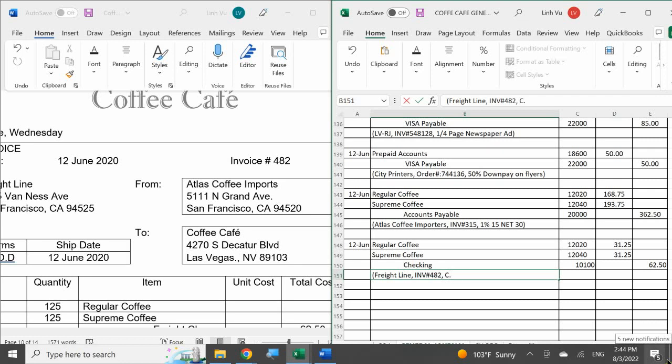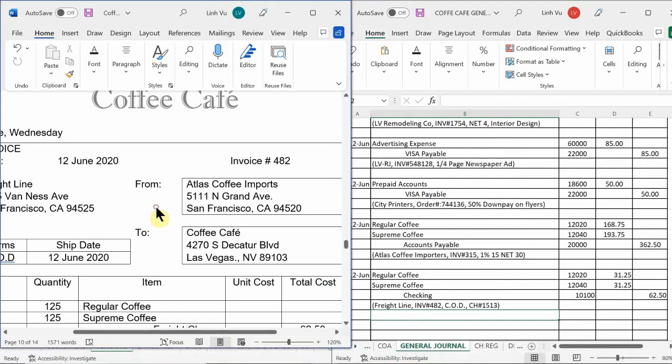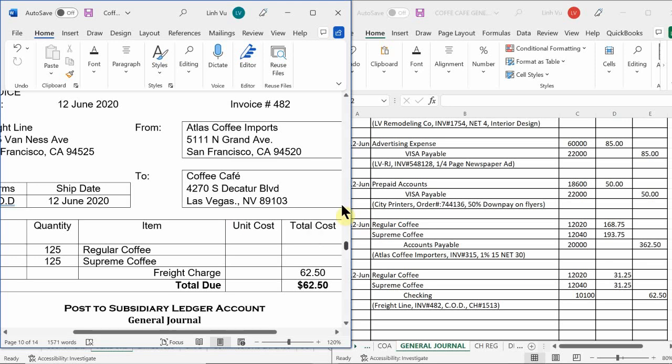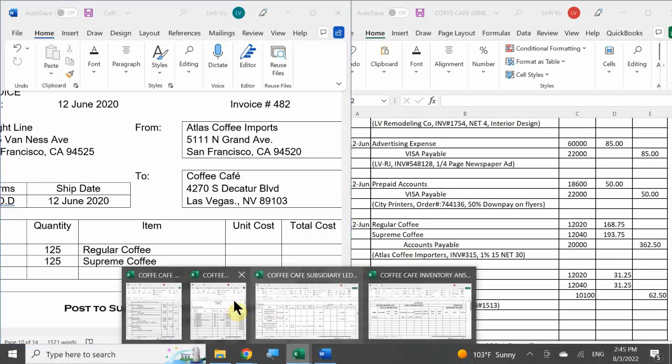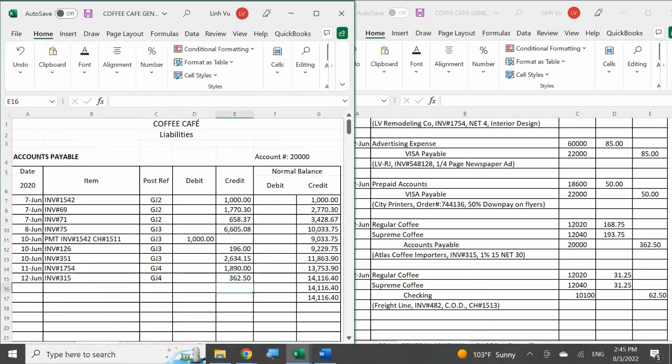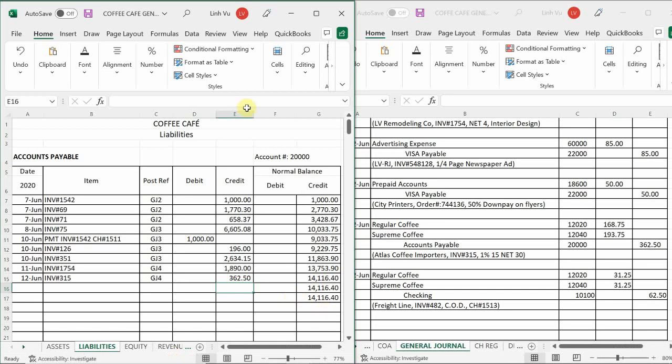This was COD, cash on delivery. So we wrote check number 1513 to pay for the shipping cost for the coffee. Now that we got our shipping cost and wrote our check out, let's plug our numbers into my ledger.